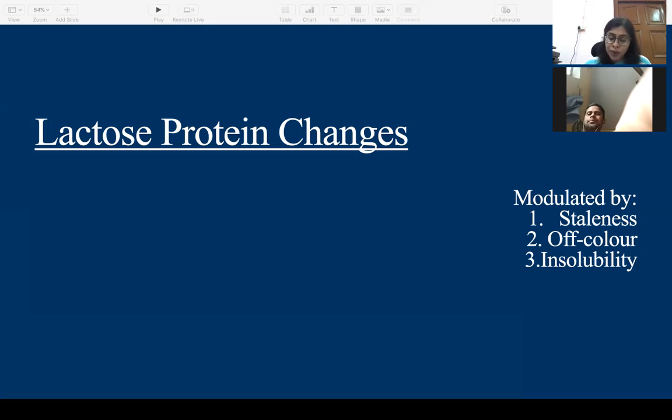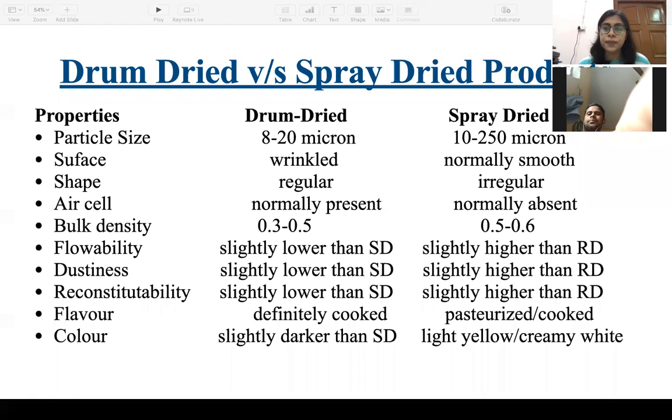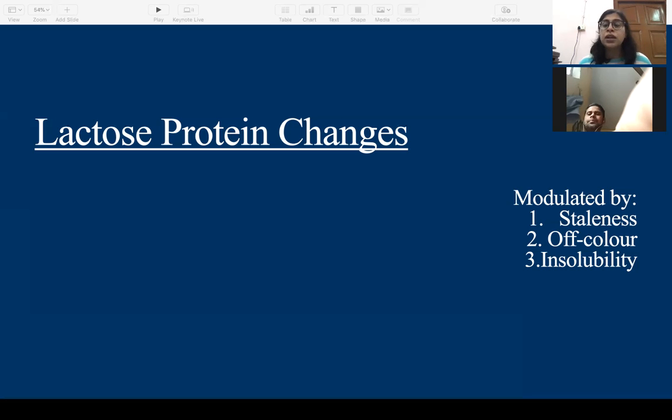And then comes insolubility. This is determined by measuring the solubility index of the powder, and it depends upon the amount of protein denatured. If the amount of protein denatured is high, then the dispersibility is reduced.